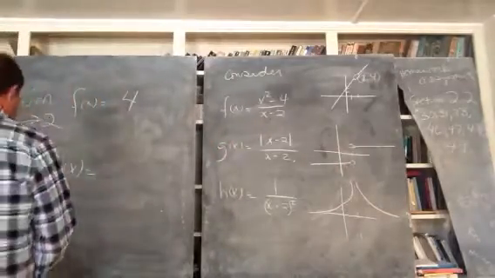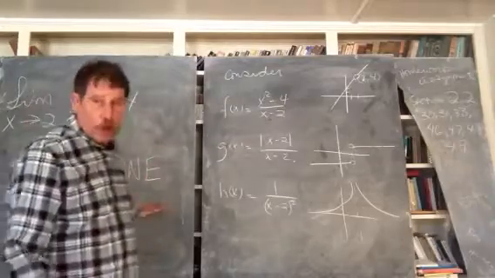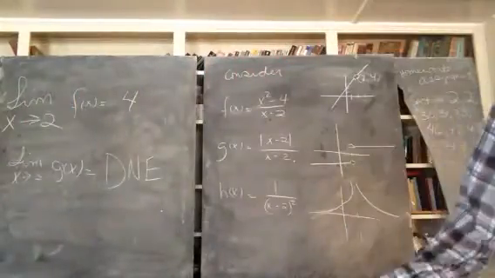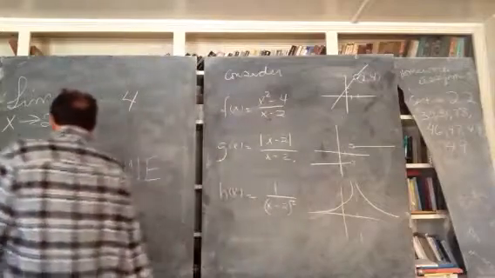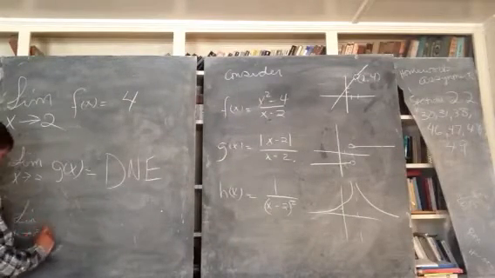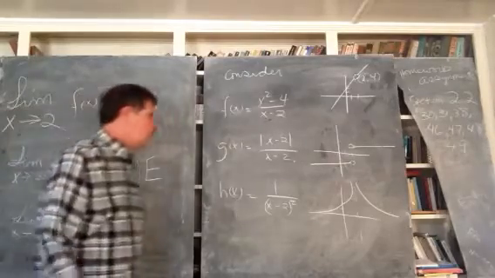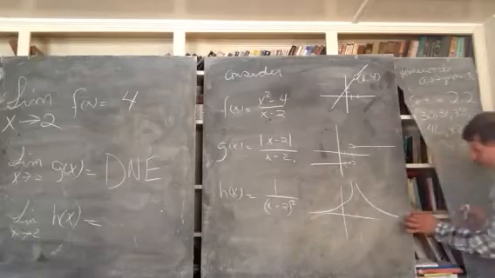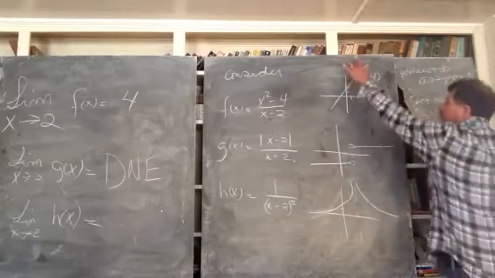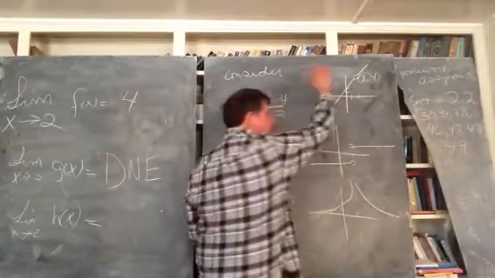And actually, we would say that this doesn't exist, and we'll talk about that. Again, we're just doing intuition right now. And then the limit of the third one, x approaching 2 of h of x? Well, again, if we come from the positive side, it's going way up there. If we come from the negative side, it's going way up there.